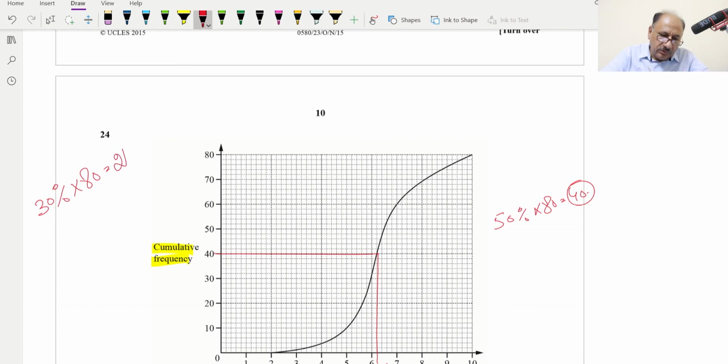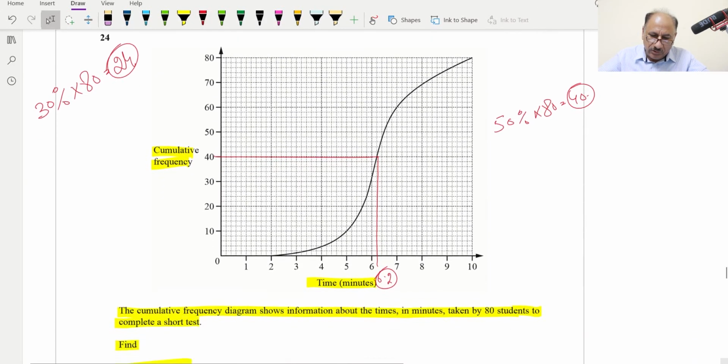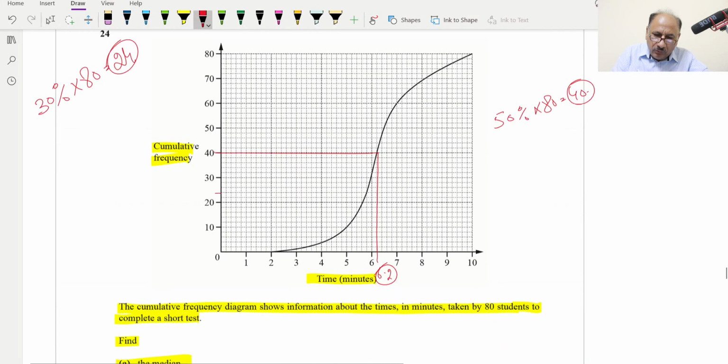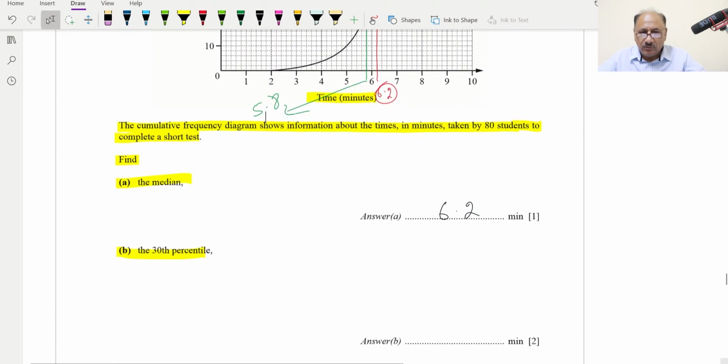So 24 will be over here, and we draw this reference up to this one, which is 5.8. We can write down the answer, 5.8.